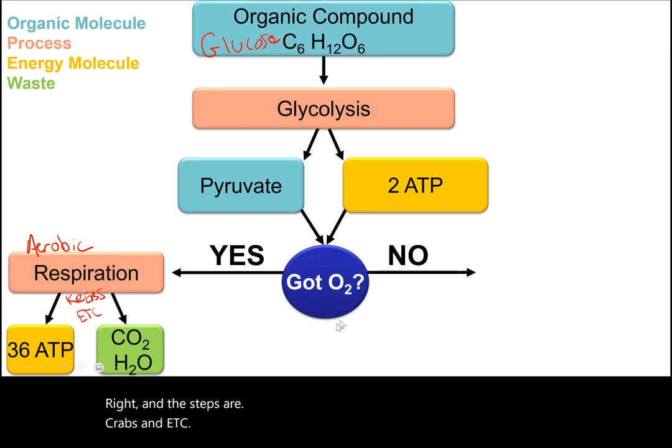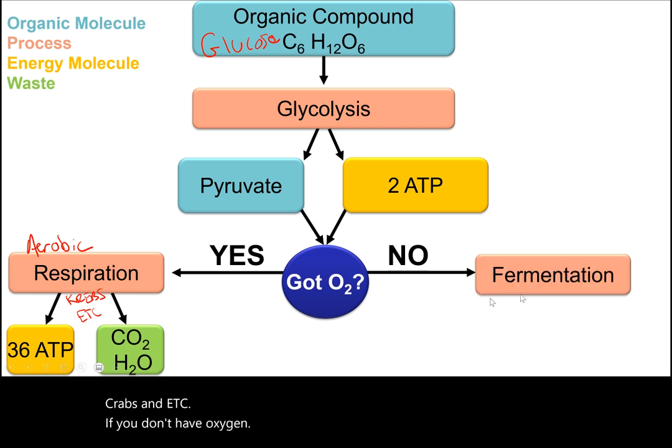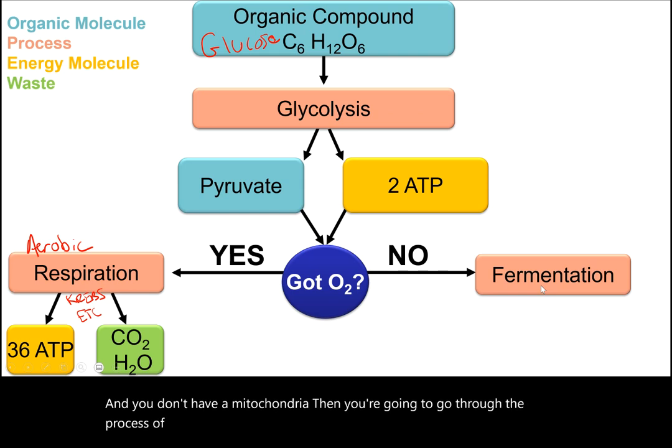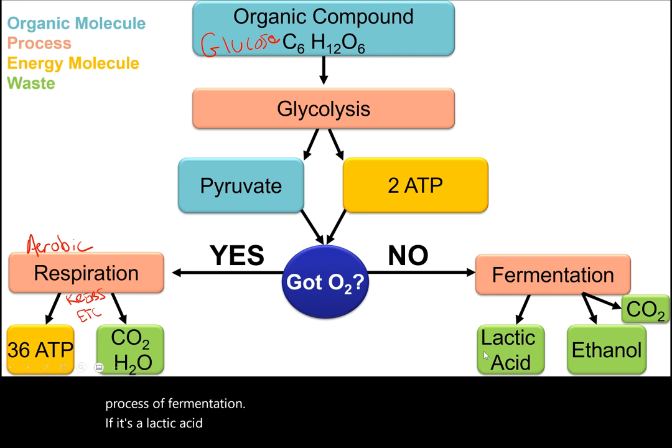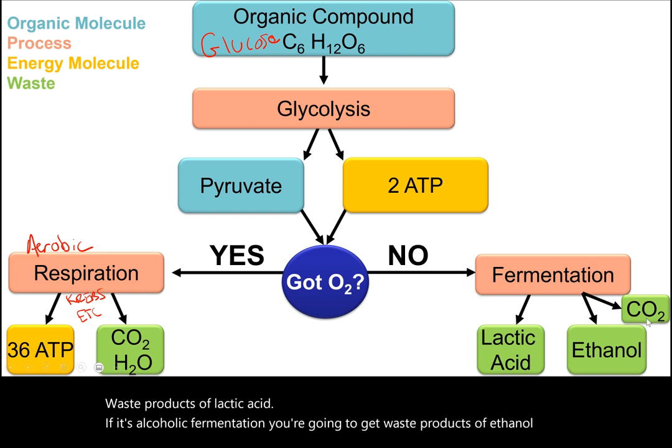If you don't have oxygen and you don't have a mitochondria, then you're going to go through the process of fermentation. If it's lactic acid fermentation, you're going to get waste products of lactic acid. If it's alcoholic fermentation, you're going to get waste products of ethanol and CO2.